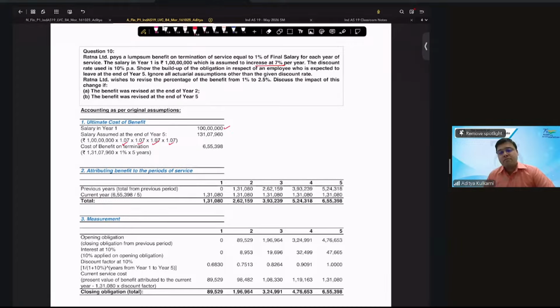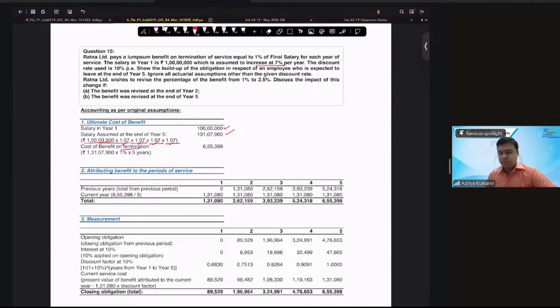They will write 1.07 five times. You cannot write 5 times, because 1 crore is for the first year. 1 crore into 1.07 for the second year, third year, fourth year, and fifth year. Many students see 5, so they will write 1.07 raised to 5. That is incorrect. So salary assumed at the end of year 5 is 1.31 crores.